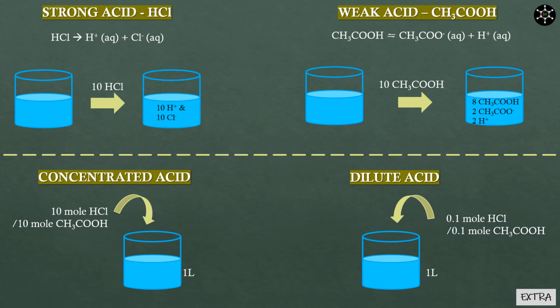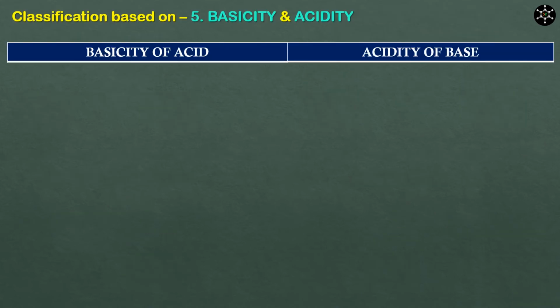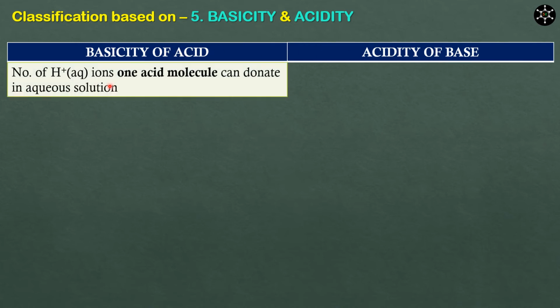Next classification is basicity and acidity. Basicity is a term related to acid and acidity is a term related to base. Basicity of acid means the number of H+ ions one acid molecule can donate in aqueous solution.